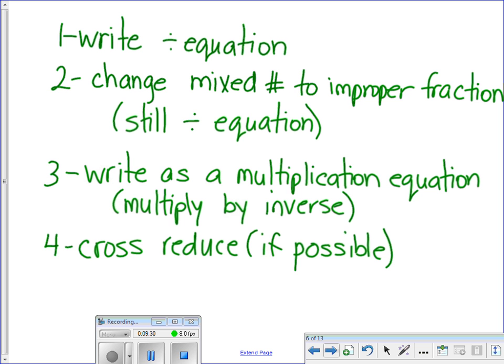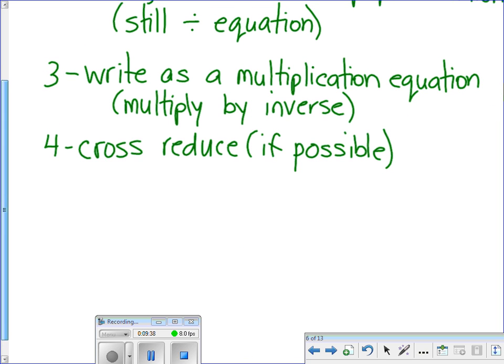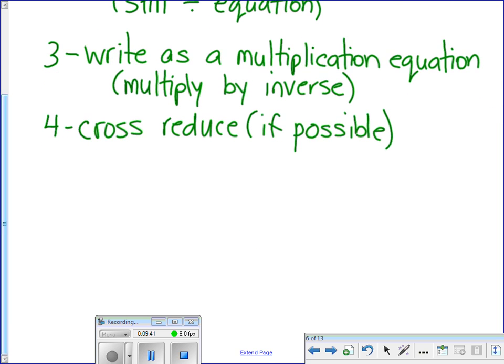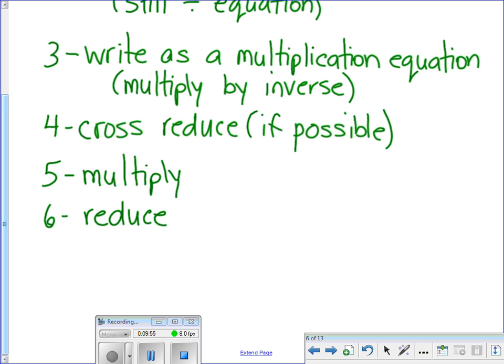You're always worried about losing points. You would not lose points for not cross-reducing. However, it just means you would have to do more reducing in your quotient. So if possible, if you see it, if you want to, cross-reduce. So then you multiply, and then reduce again, if it's possible. So those are the steps you're going to follow when using equations to divide your fractions.